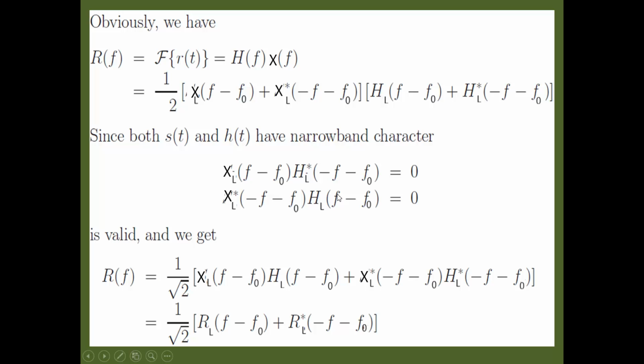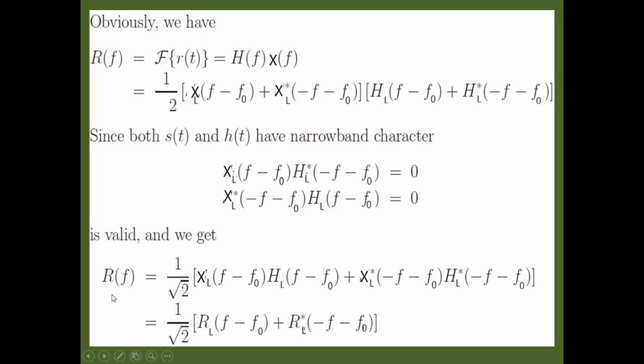Now, XL(f - f0) and HL(f - f0) represent RL(f - f0), and XL*(-f - f0) and HL*(-f - f0) represent RL*(-f - f0).